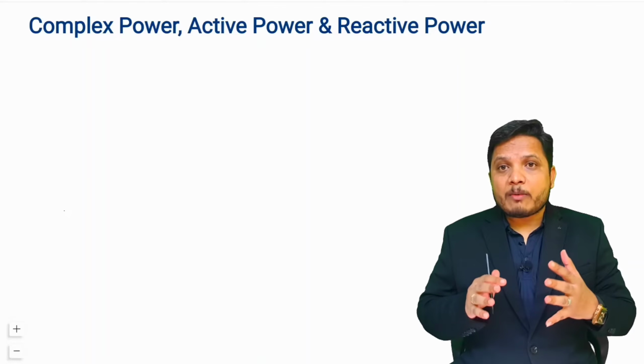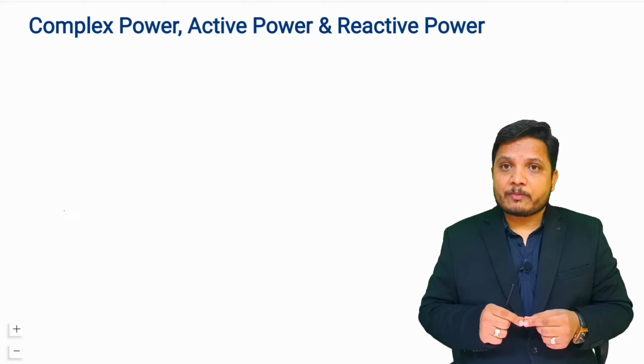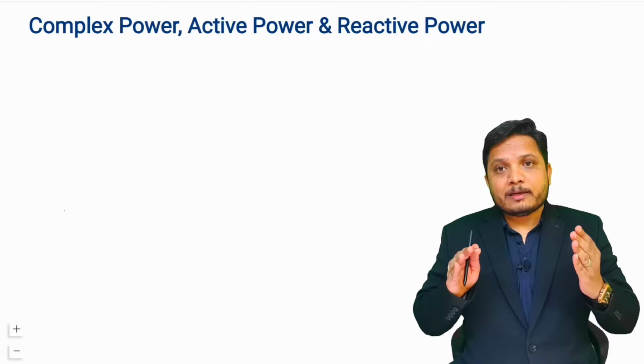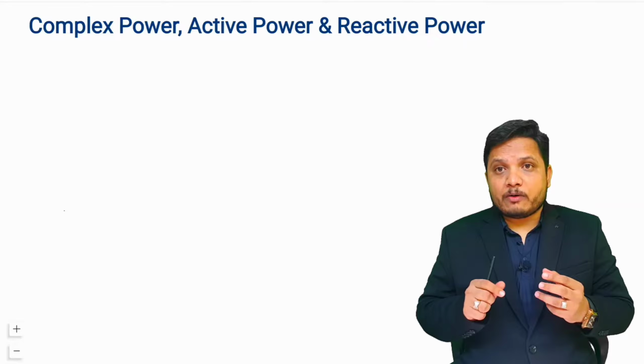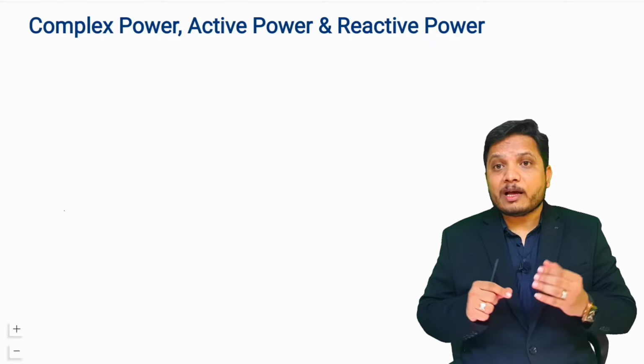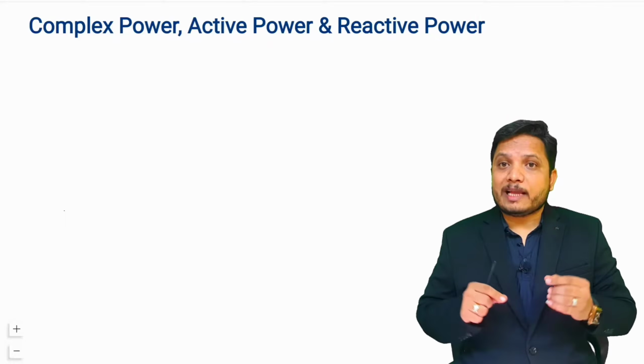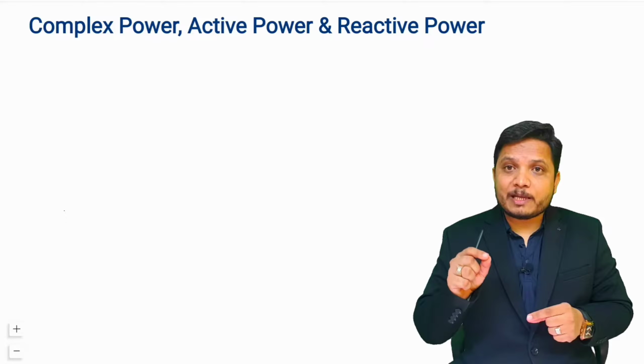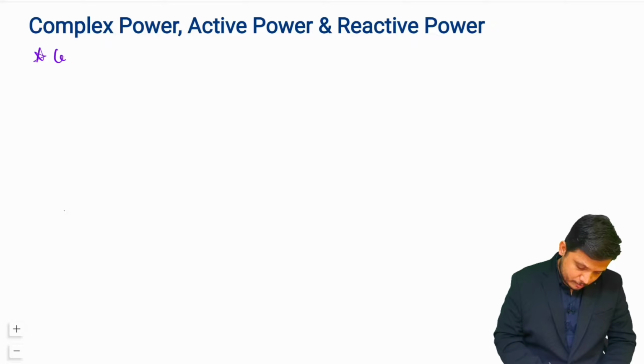Now let us talk first about what is complex power. My dear students, complex power is a product of Vrms phasor and the complex conjugate of Irms phasor. Let me write that first, after that I'll explain how to calculate it.